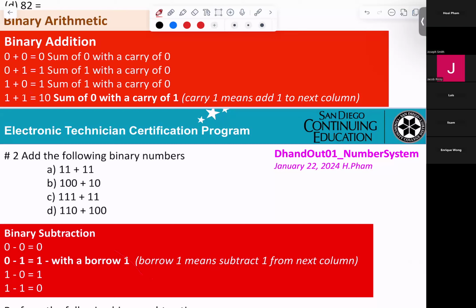Now, the formula: 0 added to 0, you get 0, sum of 0 with a carry of 0. 0 adding 1, you get 1, sum of 1, no carry. 1 add 0 equals 1, no carry. 1 adding to 1, sum 0, but carry 1.